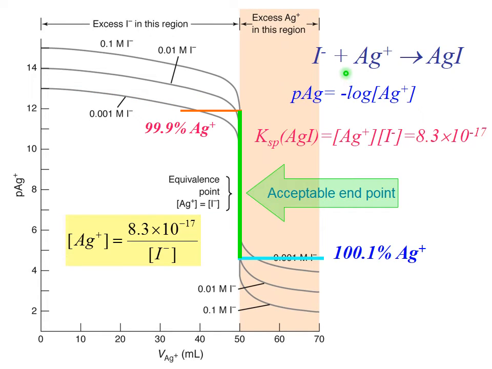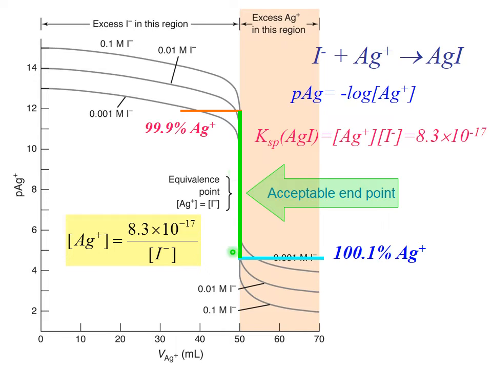If I am going to silver iodide, the solubility product is a much smaller number, around 10 to the negative 16. So if I am titrating my iodide to 99.9%, the concentration of silver is still very small, 10 to the negative 12. If I over titrate it, I still can stop at my 10 to the negative 4.